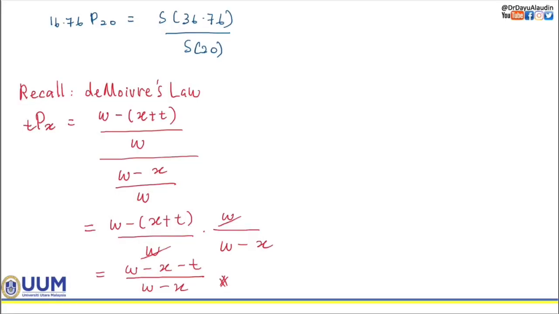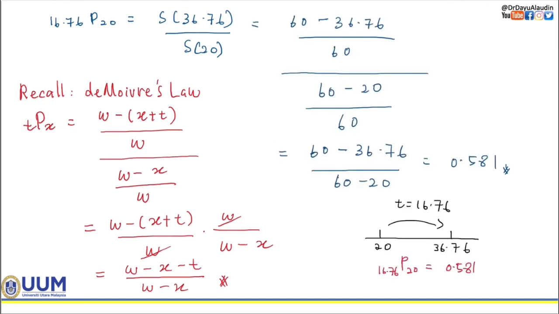As I recall, for de Moivre's law, tpx is equal to omega minus x minus T over omega minus x, from this derivation. Then we can substitute to find the tpx for this case, and we get 0.581.